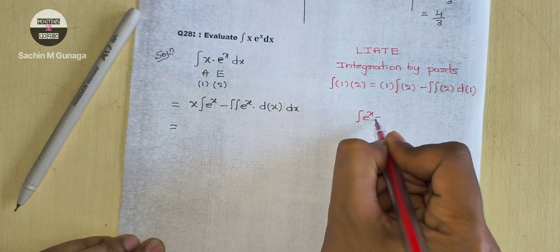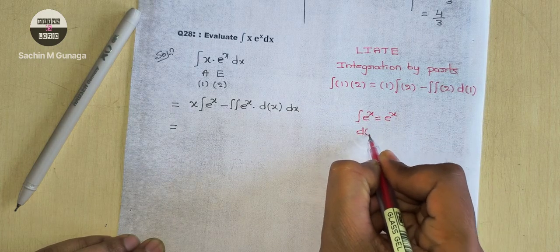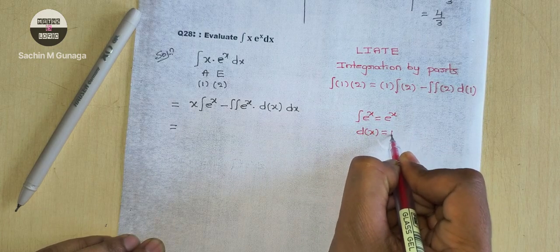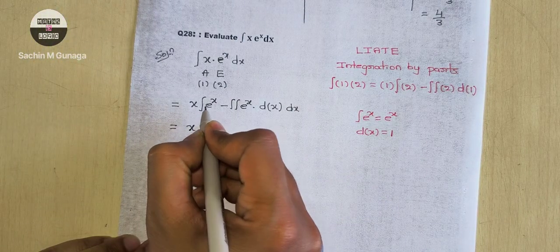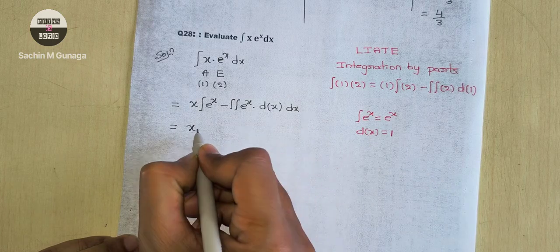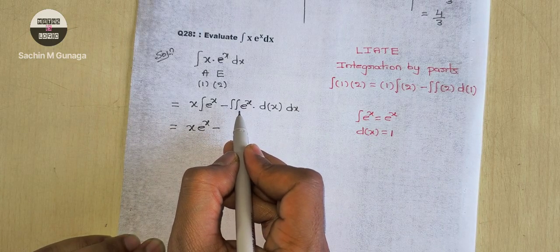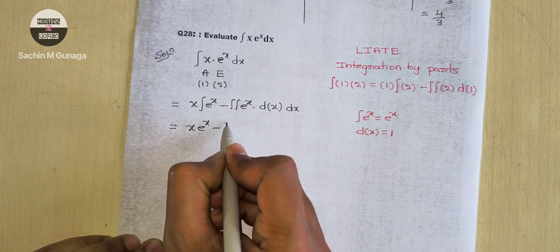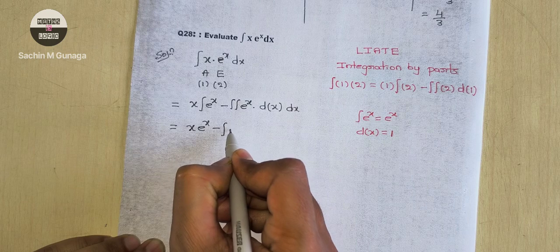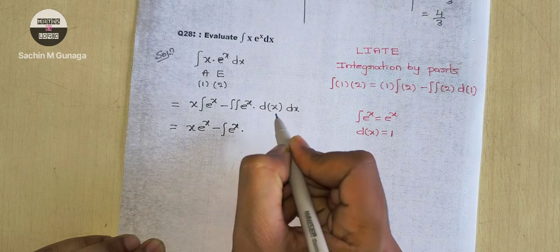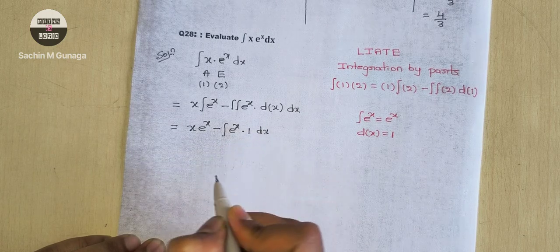Again, the integration of e power x is e power x only. Next, the differentiation of x is 1. Now apply: x as it is, e power x integration is e power x, minus, since there is an integration sign, we keep the integration symbol as it is. Next, the integration of e power x is e power x, into the differentiation of x, which is 1, with respect to dx.